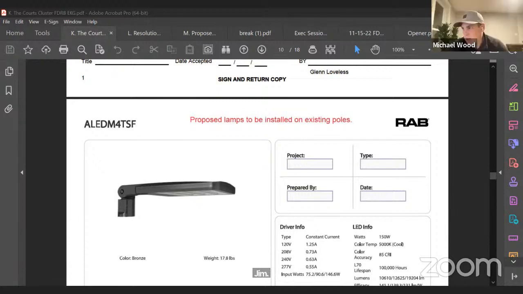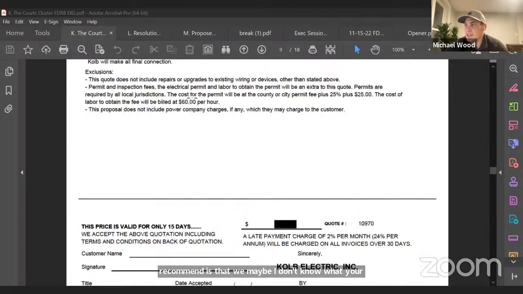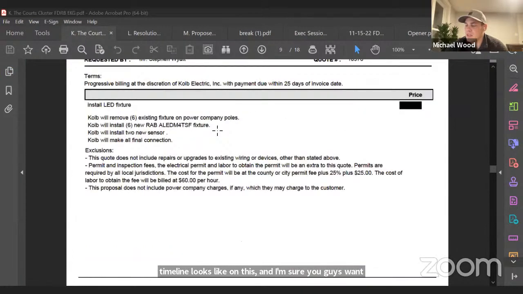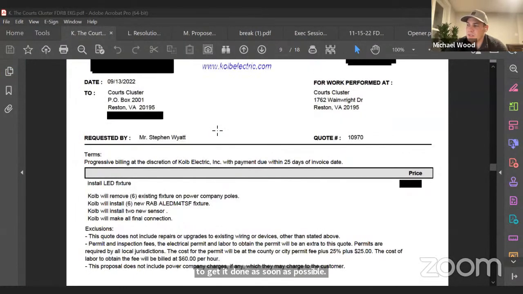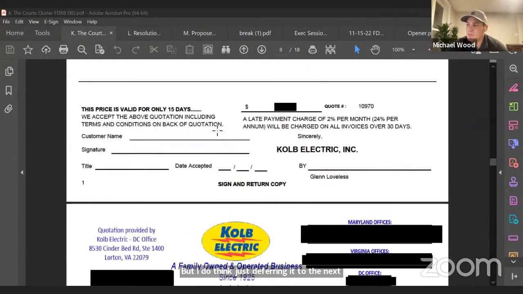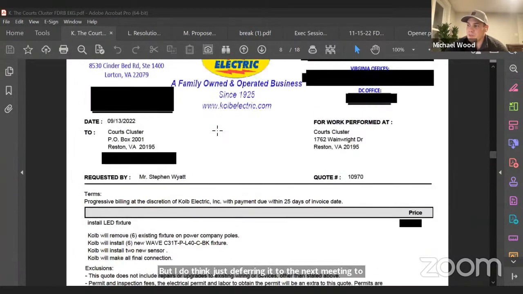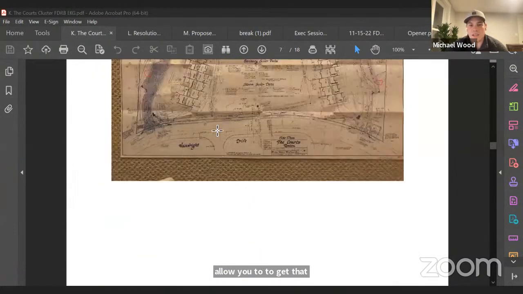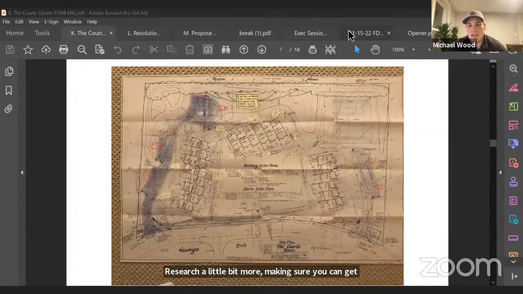Yeah, so what I would recommend is that we defer it to the next meeting. I don't know what your timeline looks like on this, and I'm sure you want to get it done as soon as possible, but it would allow you to research a little more, make sure you can get the color temperature that we're going to specify, and also get that rough photometric plan.